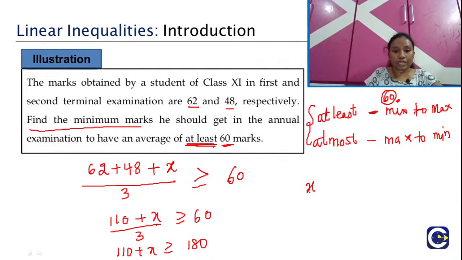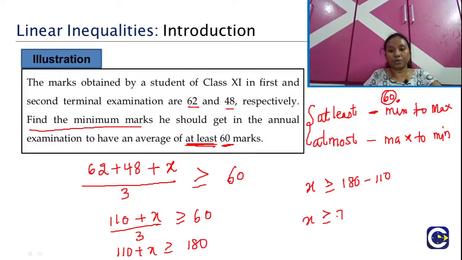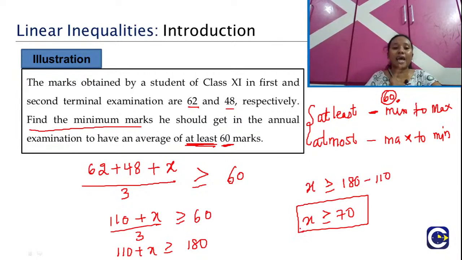Then I can subtract 110 on both sides, so x is greater than or equal to 180 minus 110, that means x is greater than or equal to 70. That means the student's annual examination score should be a minimum of 70.